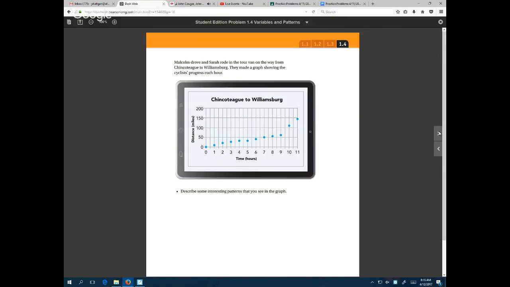Time. And your other one should probably be labeled what? Miles. Miles or distance, right? Those are your two variables that you just gotta fill in the table. So it should actually just look like these. So you got time, distance. Your first time should probably be what? Your first distance should probably be what? 0. And then you just go on from there. Okay?